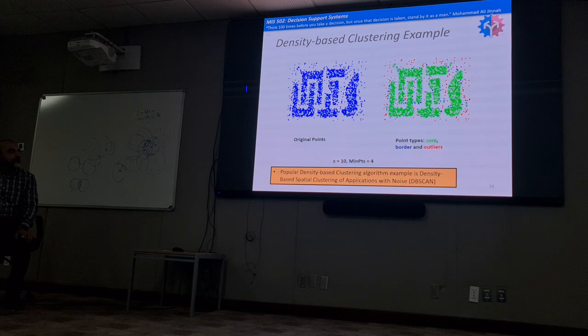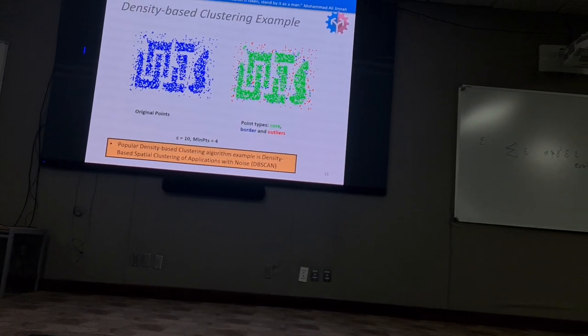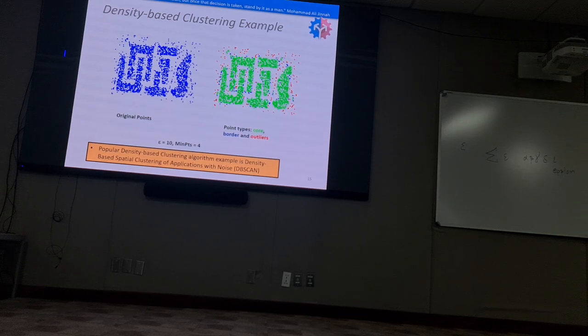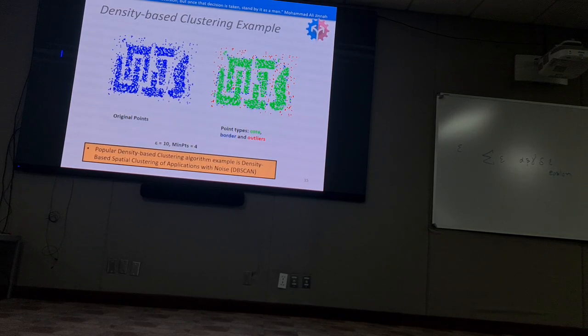Okay. Now, these are the original points, the blue ones, right? And then we applied density-based clustering, and the core points are green, the border points are blue, and what are the outliers, red?